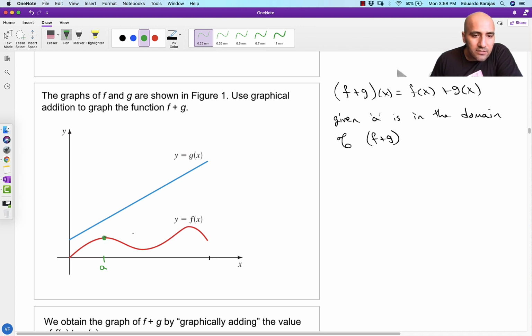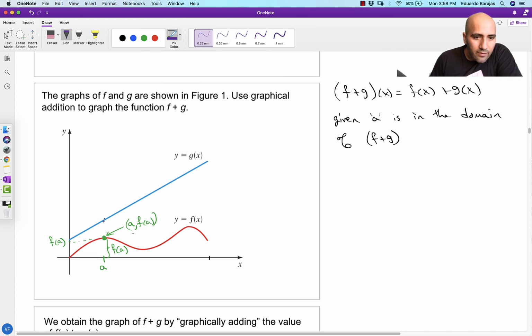Okay, so that means that this little dot right there on the red line would be the ordered pair a comma f evaluated at a. Which means that this height right there would be the height f of a, which would translate over here to height f of a. Likewise, let's go with purple.